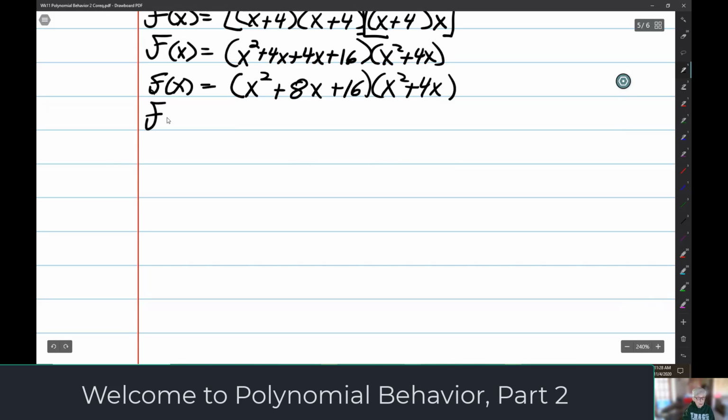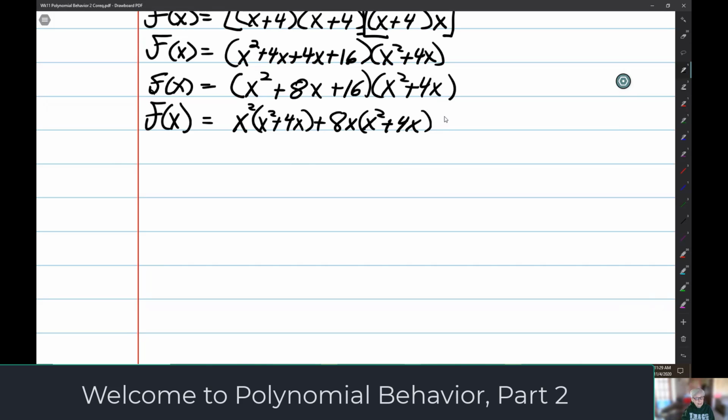So we will have x squared times x squared plus 4x, plus 8x times x squared plus 4x, plus 16 times x squared plus 4x. Goodness.